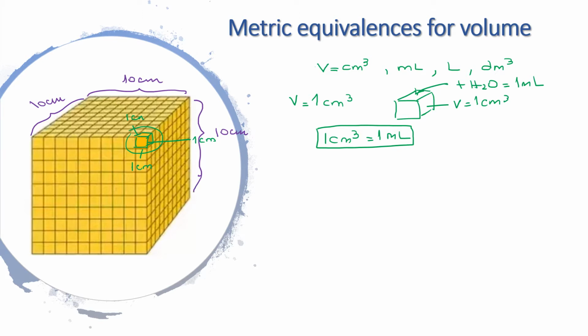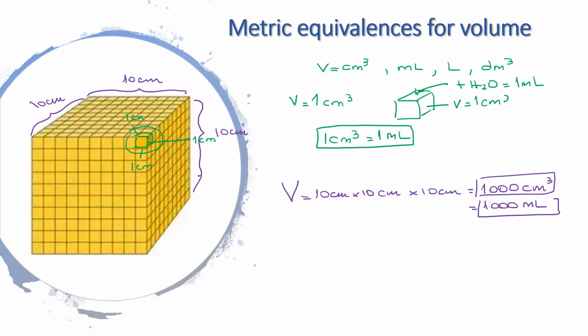So if I calculate the volume in violet now, the big cube is going to be 10 centimeters times 10 centimeters times 10 centimeters. That is going to be 1,000 centimeters cube. That means that this one is going to hold 1,000 milliliters of water, because each centimeter cube holds 1 milliliter. So I can say this equivalence too.